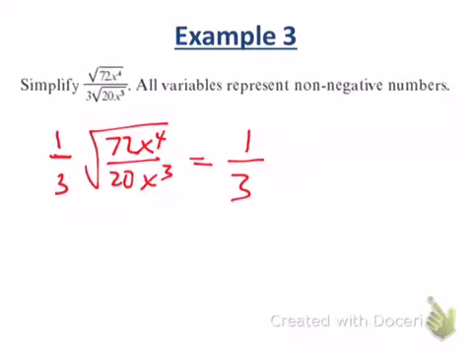We can cancel the x's, right? We could also simplify 72 over 20. What goes into both of those numbers? 4. 4 goes into 72 18 times, 4 goes into 20 5 times, and I've just got an x there, because x to the 4th over x to the 3rd is x to the 1st.